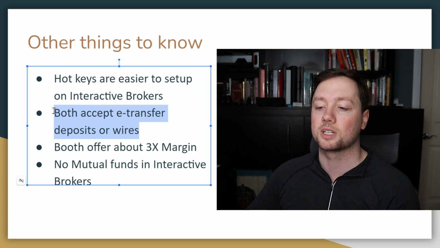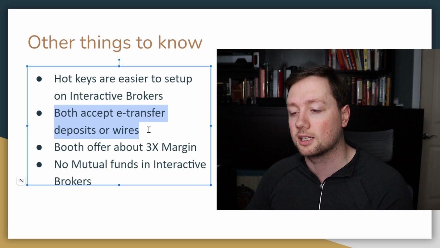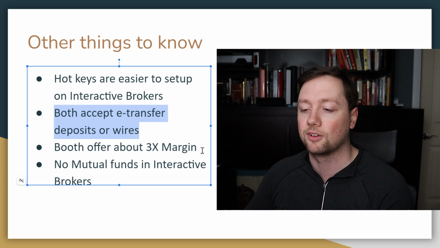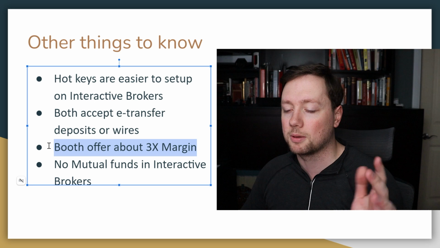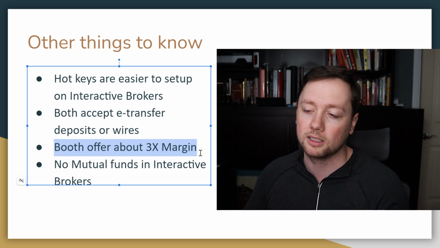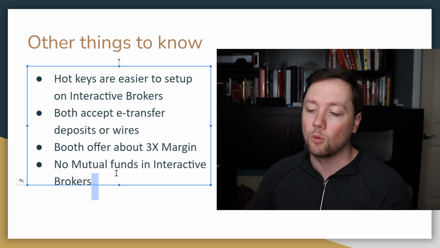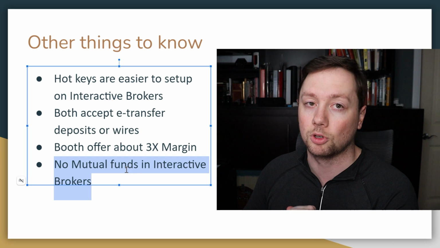Both of the platforms accept both e-transfer and wire transfers, so it's very easy to get your money in and out of the different platforms, and they both give you margin, so about 3 times margin. There might be some variance there in some stocks, but both of the platforms will give you relatively the same amount of margin. However, there are no mutual funds available on Interactive Brokers. They are available on Questrade though.